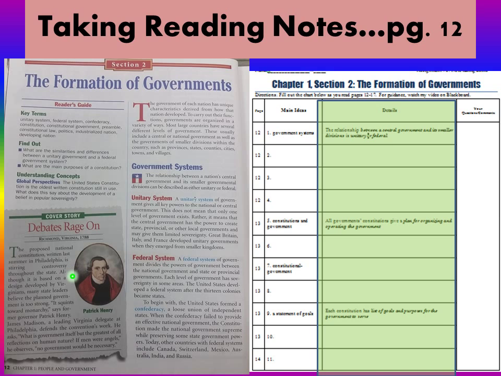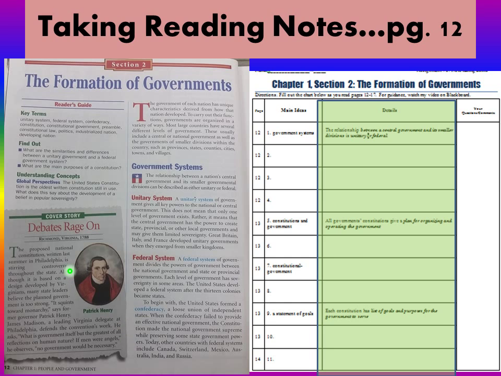Although it is based on a design developed by Virginians, many state leaders believed the planned government is too strong. It squints toward monarchy, says former Governor Patrick Henry. James Madison, a leading Virginia delegate at Philadelphia, defends the convention's work. He asks, what is government itself but the greatest of all reflections on human nature? If men were angels, he observed, no government would be necessary.